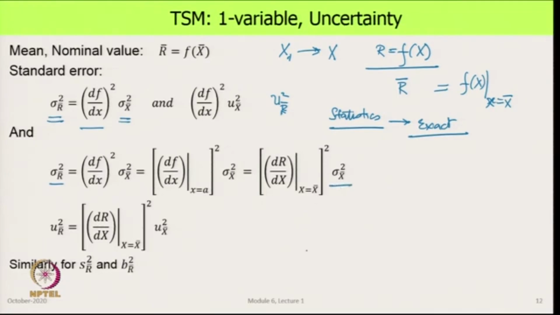I have just repeated what has been written there in terms of the symbols we have been using. So, u r bar square is equal to dr by dx at x equal to x bar, whole square, times u x bar square. So, that is the formula that we have been looking for.